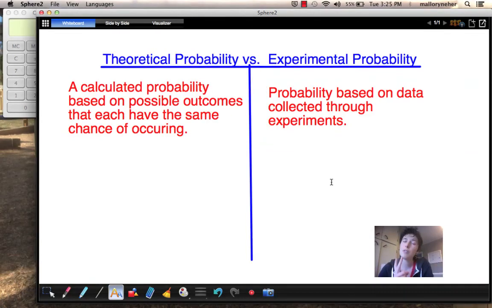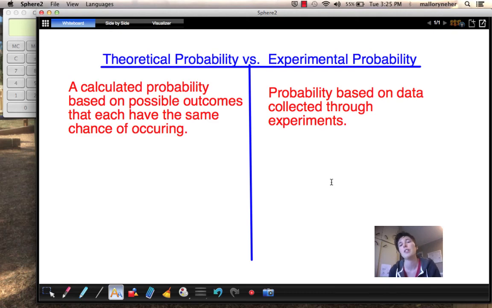So we have two types of probabilities we're going to be talking about. Theoretical, where we just talk about it and mathematically calculate it, and experimental, where we actually go and do it. Actually roll the dice, flip the coins, draw the cards out of the card pile, or spin the spinners. Whatever we're talking about, I actually go out and do it.